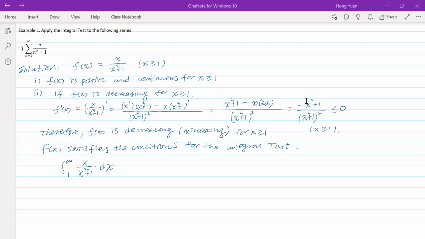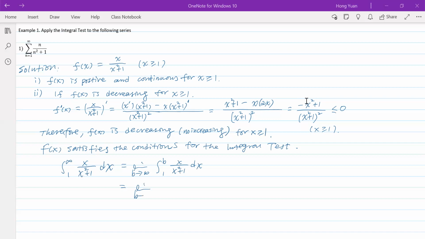It equals the limit as n approaches infinity, from 1 to n, or you can write b. We learned in 8.8 that it doesn't matter which letter you use. Then we approach infinity.